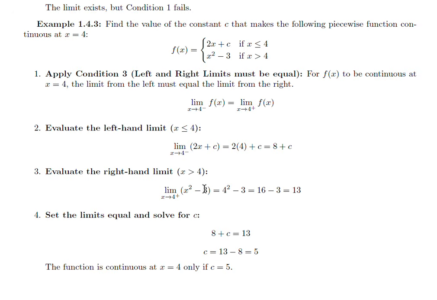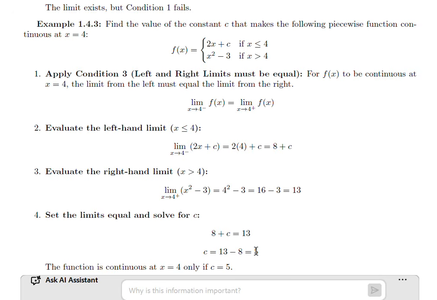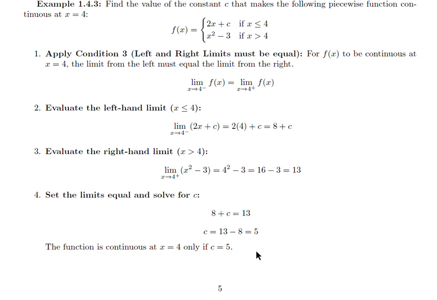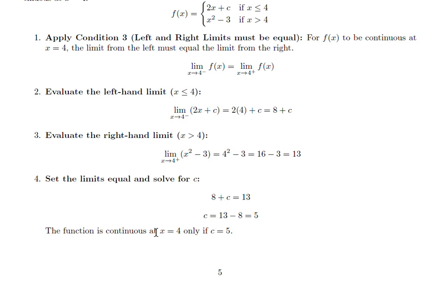We plug in 4, 16 minus 3, which is 13. For the second function, the result is clear, but the first function is where we have c, which we need to evaluate. We need the limit from the left to be equal to the limit from the right, and so c here must be 5. For the function to be continuous at x equal to 4, c must be 5.